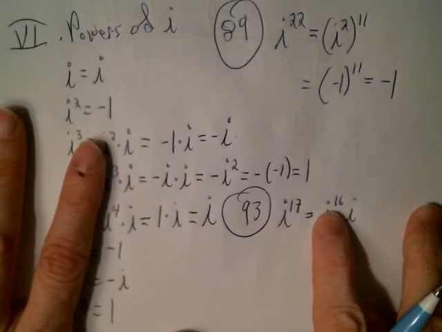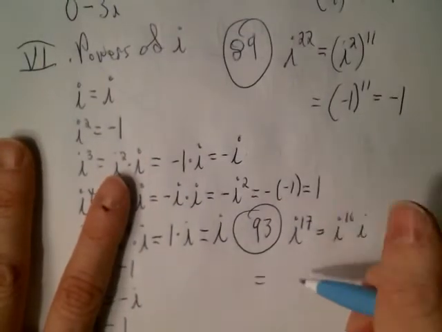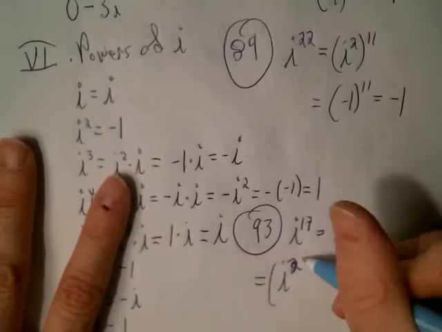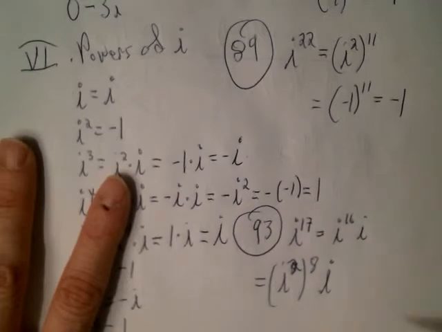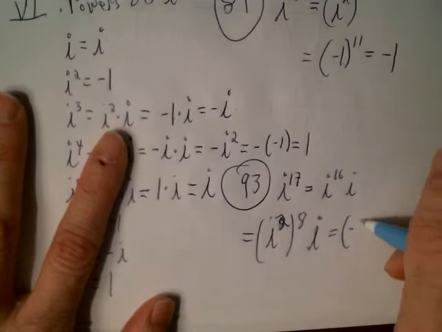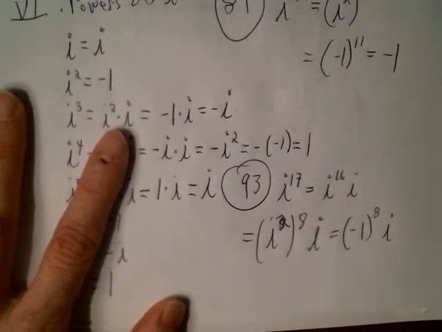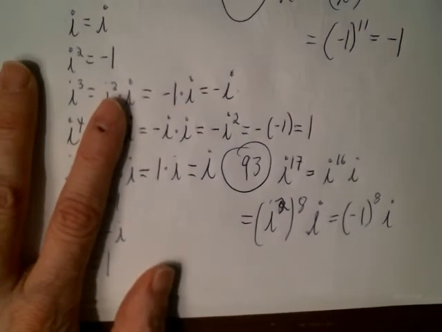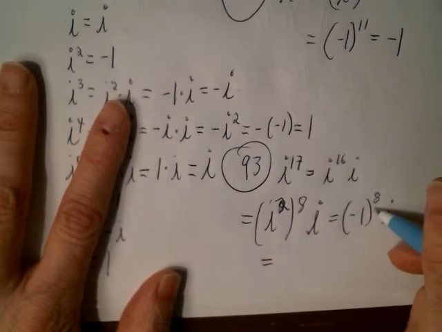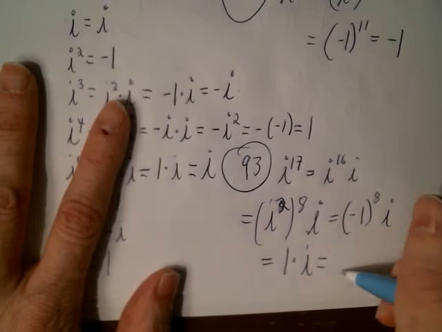And then if it has an even power, you can do the trick that we were doing on these past two problems and rewrite that as i squared raised to the 8th, and then times i. i squared is -1, raise that to the 8th, times i. Negative raised to an even power will be positive, so that'll be +1 times i, so that'll just give me i.